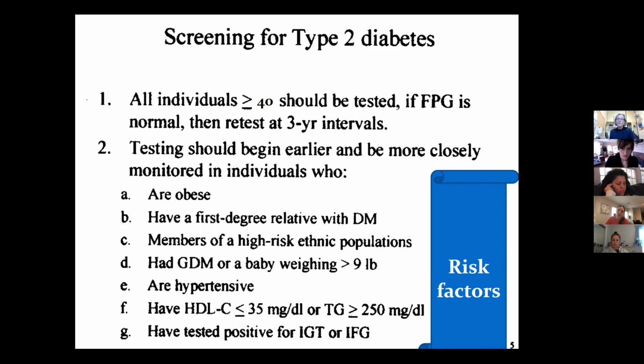And oftentimes their excessive growth causes them some long-term problems. So we're seeing less of that with better screening of pregnant women, fortunately, but it certainly still can happen. So it can affect the baby's organs throughout their life.